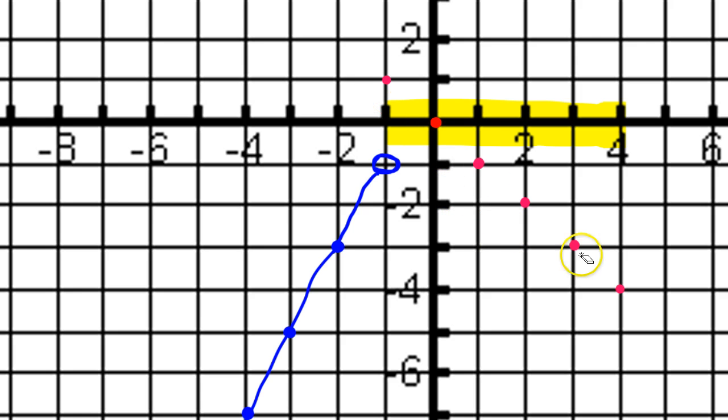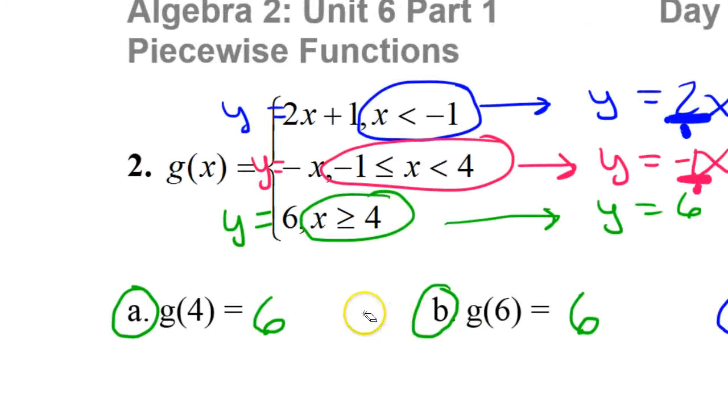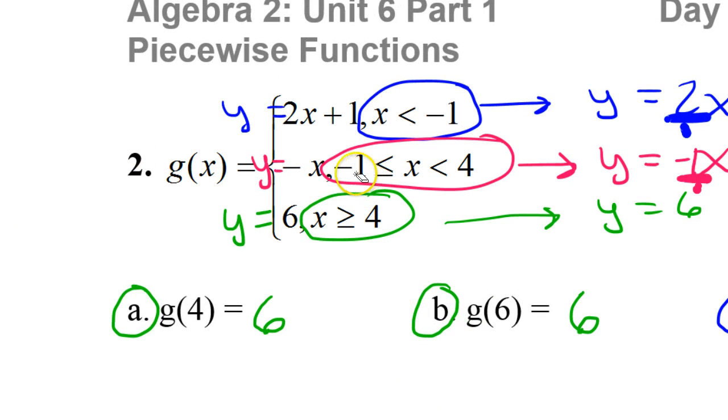Now, all I need to worry about is the endpoints. What about negative 1? What about 4? Well, look back at the domain very closely. At negative 1, it says less than or equal to. So that's going to be a closed circle at negative 1 because of the or equal to, but an open circle at 4 because not equal to.